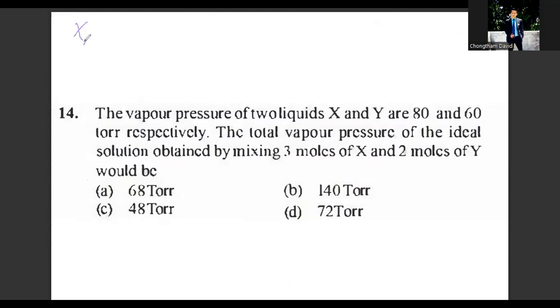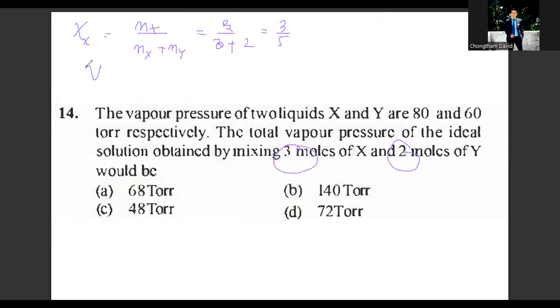Now mole fraction of X, this is chi, the Greek letter, is the moles of X divided by moles of X plus moles of Y. According to the condition, you have X 3, Y 2. So 3 plus 2, you have 3 by 5 for the mole fraction of X.